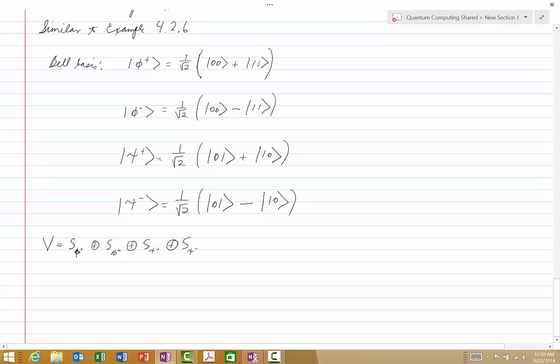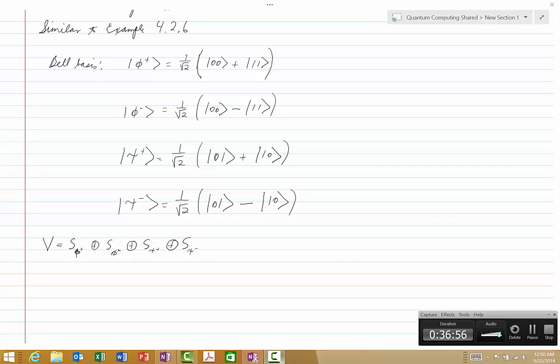The basis for S sub psi plus is psi plus, and finally the basis for S sub psi minus is psi minus. And so if we look at the problem in that way, then we can see the way to proceed with this.